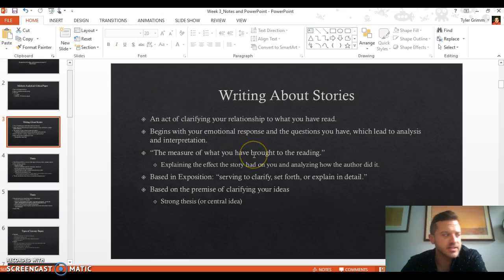A couple points that I just want to emphasize are that really what you're doing when you're writing an analysis paper is you're clarifying your relationship to what you've read, which is a bit abstract. Essentially, what you're going to be writing is based in research and analysis and criticism, but it's very much based on your own interpretation of a story.